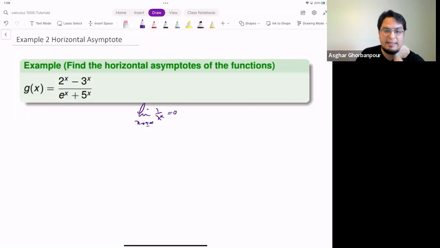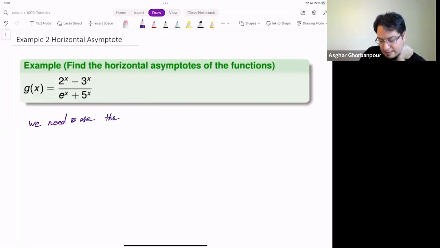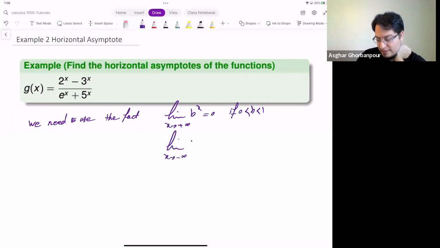But now I want to use the fact that the limit of b to the power x as x goes to plus infinity is 0 if b is between 0 and 1, and the limit as x goes to negative infinity of b to the power x is 0 if b is bigger than 1.